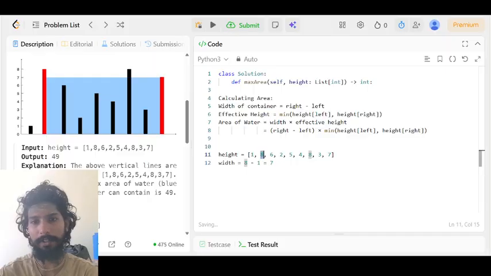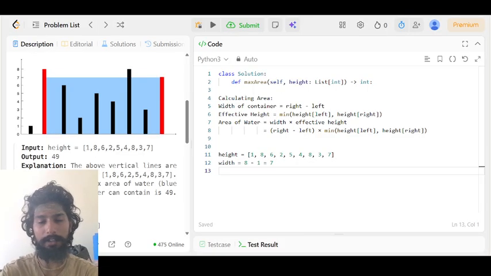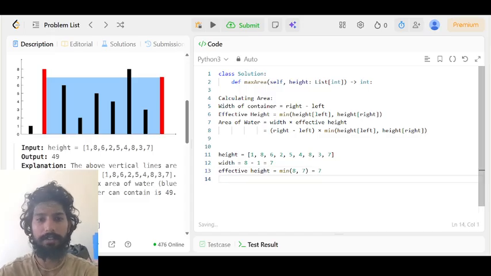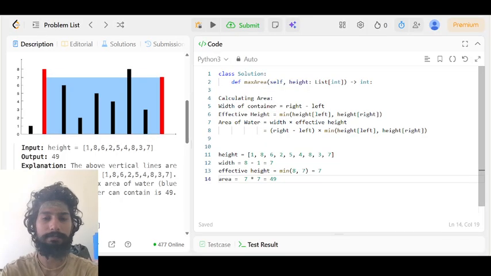So these two are our selected heights, and effective height equals min of 8, 7, that is equal to 7. Therefore the area becomes 7 multiplied by 7, that is 49.